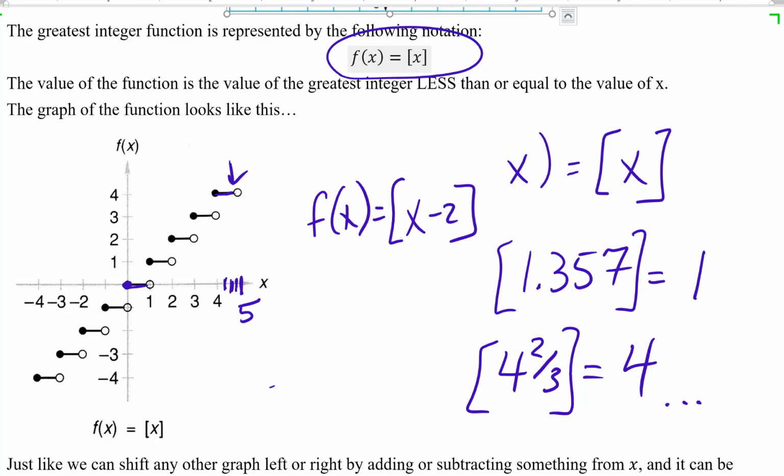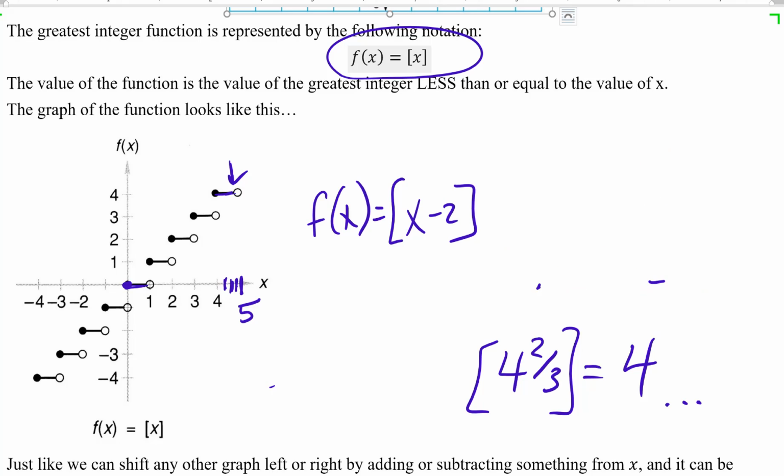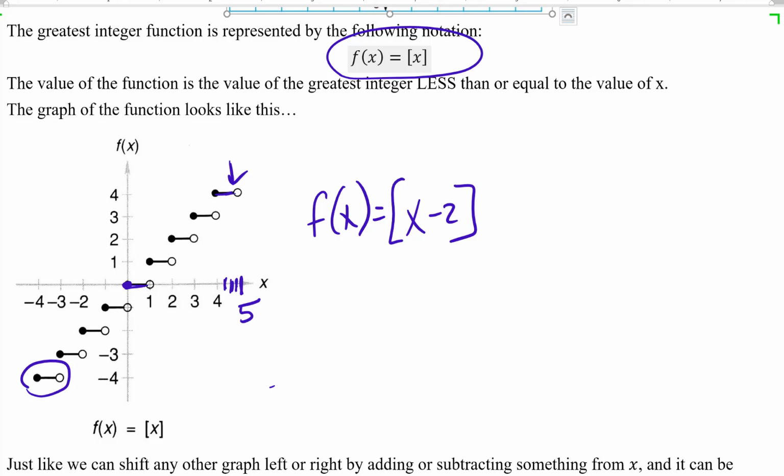Then everything is going to move 2 places to the right, just like it would if we subtracted 2 in the equation of a parabola from our x. All right, so if you have that function, then this little piece of the graph is just going to move over 2 places to the right, and it'll be here. And so on. All of them would move over 2 places.